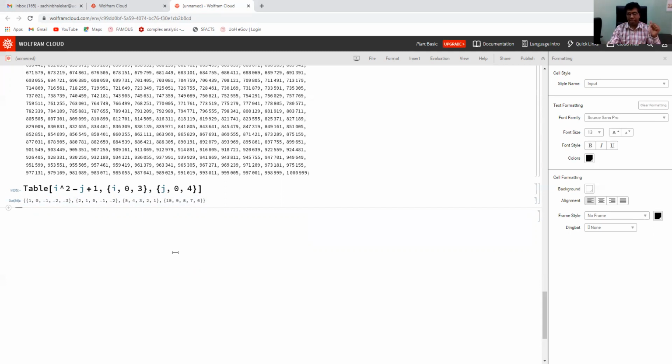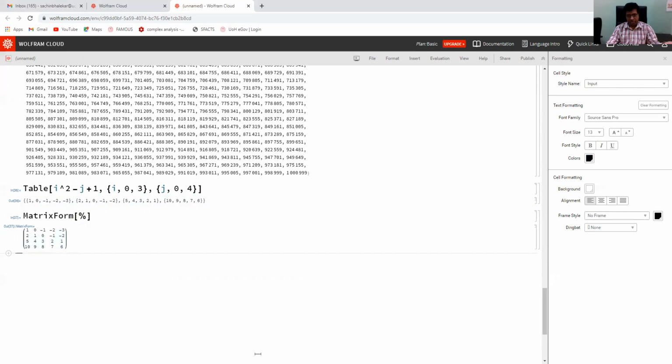So the command is MatrixForm of this expression. In Mathematica software, the percent command is used for the previous result. Let us see whether it is available in Wolfram Cloud also. Yes, it is available. MatrixForm percent means matrix form of the last result. So this is the required matrix.